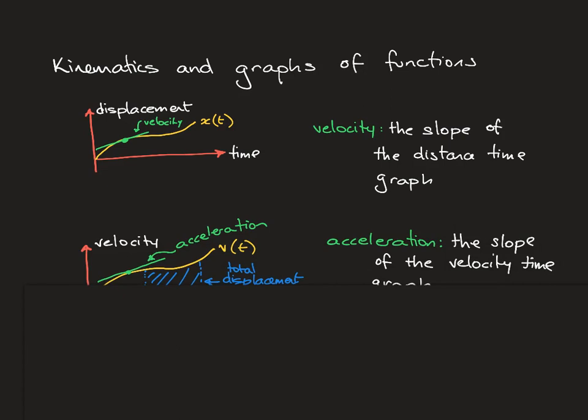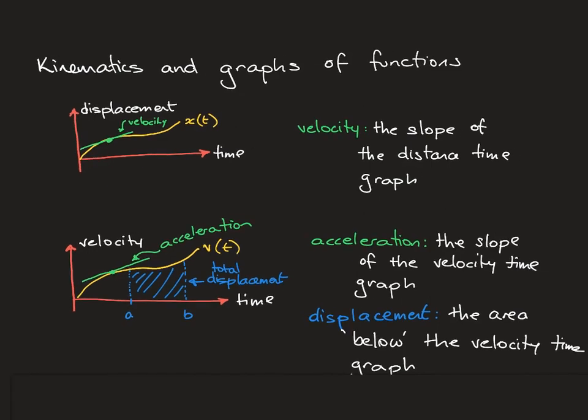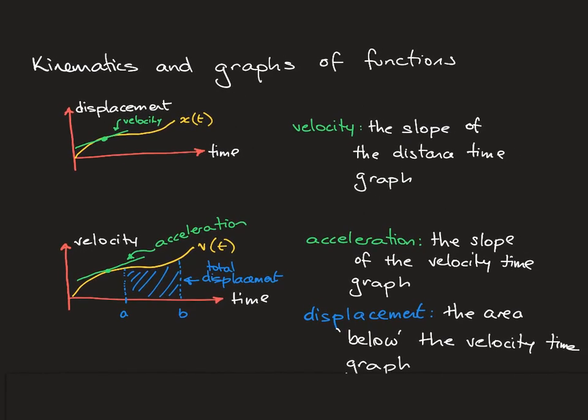The next one is the velocity versus time graph, and it's the one that's got everything in it. If you graph velocity versus time, you'll get a nice curve. Here's one I just made up.